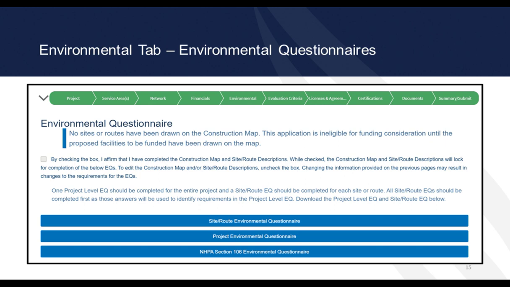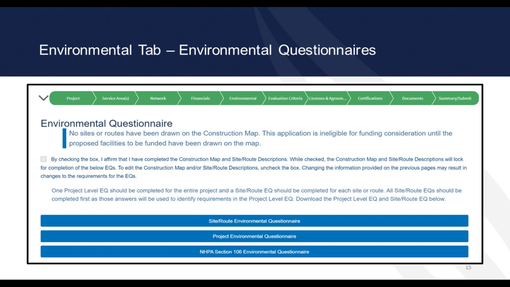When you access the EQ page under the Environmental tab, you'll be required to check a box that you have completed the construction map and corresponding site and route descriptions. Once the checkbox has been selected, a message will display informing the applicant whether an NHPA Section 106 EQ is required for the application. After you check the box, click Save to save the response in the system.